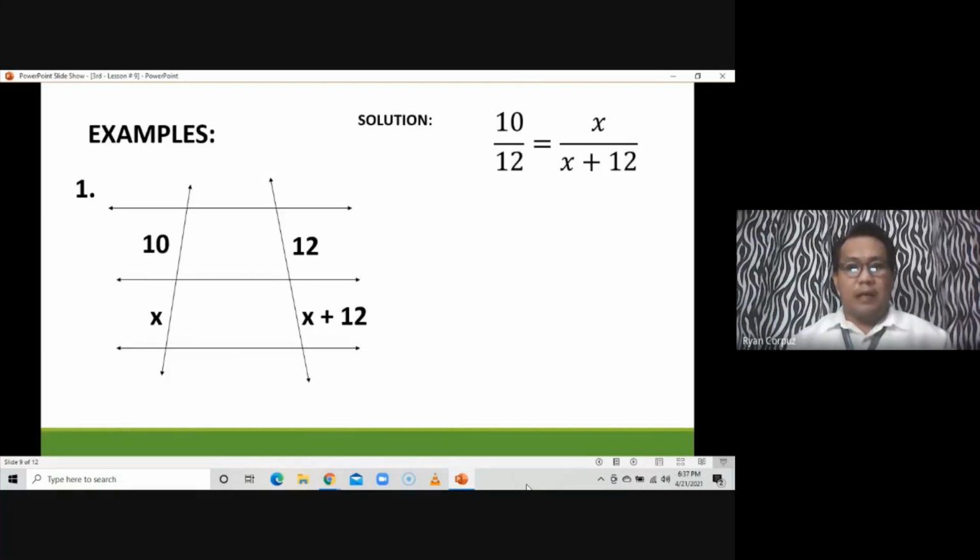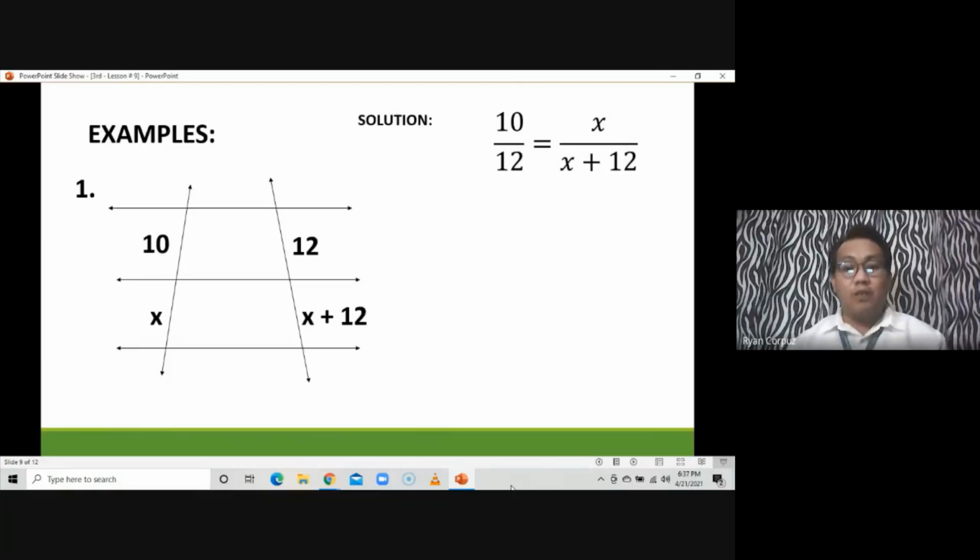Pero, I'm not saying na hindi mo masosolve kapag in-apply mo yung vertical way. Even if you apply the vertical way, still, you'll come up with the same answer. Mas madali nga lang kapag nakaform tayo ng ratio na walang involved na variable. So that would be 10 over 12 is equal to x over x plus 12.